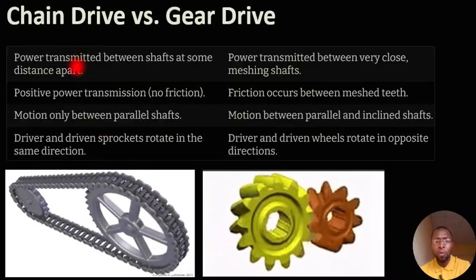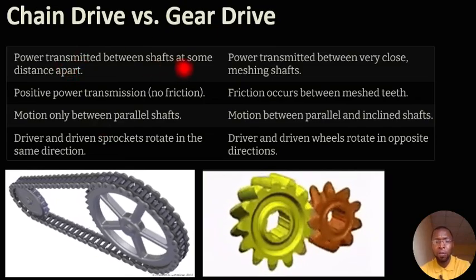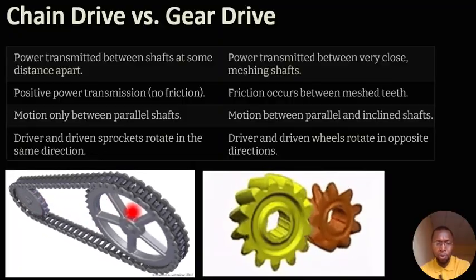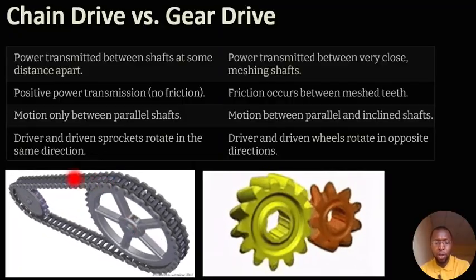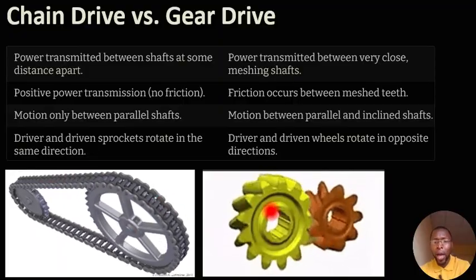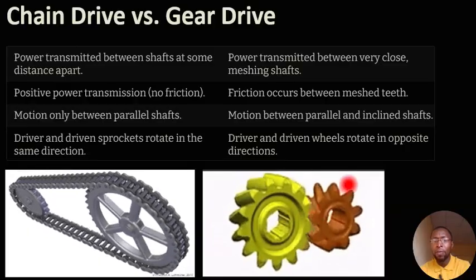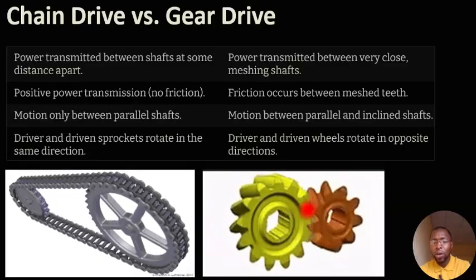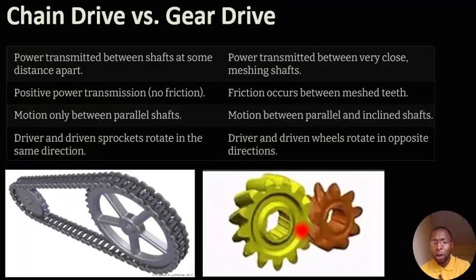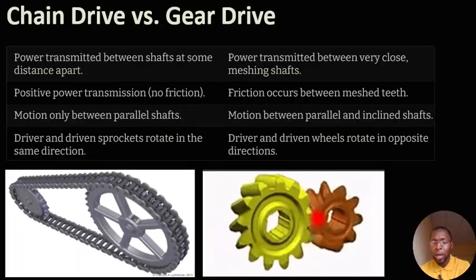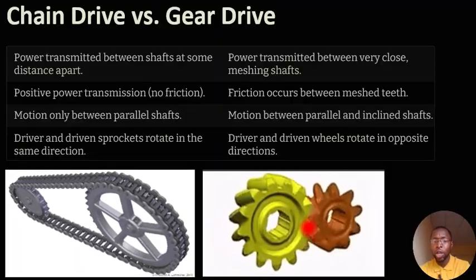So for chain drive, you could see that power is being transmitted between the shafts at some distance. So you could see the distance between the two shafts, using the chain. Unlike the gear drive, where power is being transmitted very closely with the two shafts touching each other. You see, there is no belt here, neither is there any chain for gear drive.